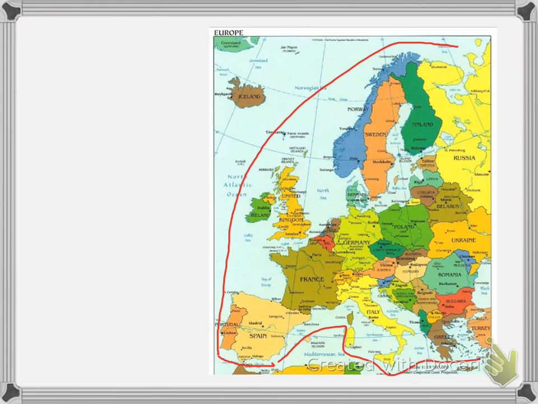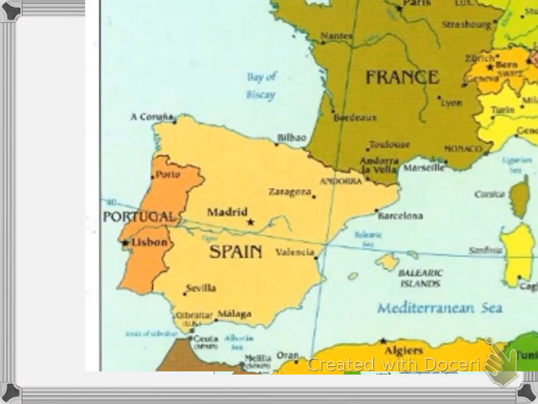Now, we need to look specifically at this area down here by Spain and North Africa, and we're going to do that. As you can see, I've enlarged the picture of Europe to just focus on this section right here of France, Portugal, and Spain. And you'll notice that there is a small section right here, where we do not have Europe connected to Africa. It may not look like it, but it is actually water.